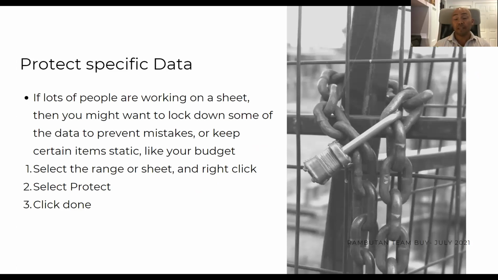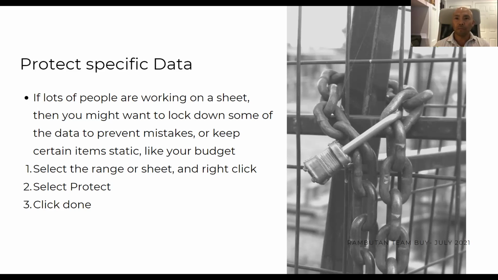Protect specific data. Here's an important function when it comes to sharing documents to the external environment. What you want to do is protect aspects of your Google Sheet or your other documents so that there cannot be any tampering with the original formulas or functions of the sheet.